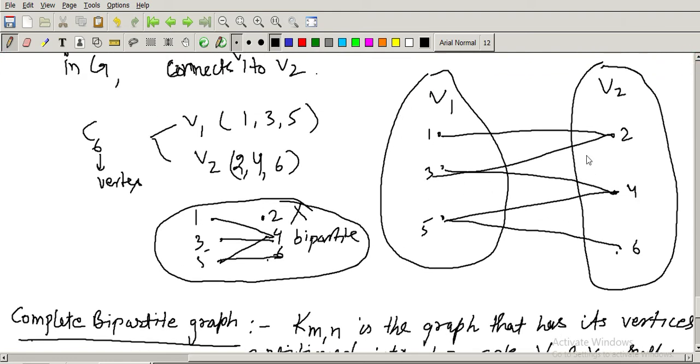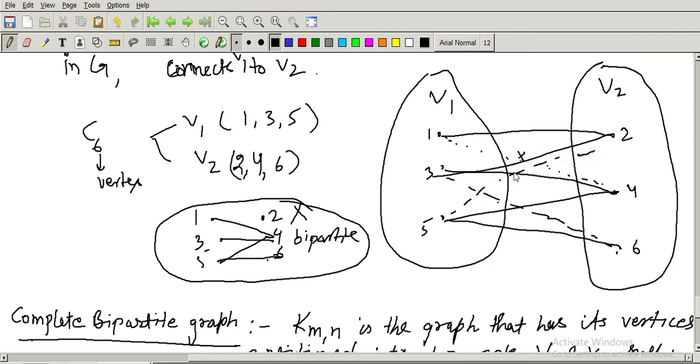Here we have these two sets, V1 and V2. So 1 is connected to 2, but 1 is not connected to 4. So this edge is missing. Likewise, 3 is not connected to 6, and 5 is not connected to B2.